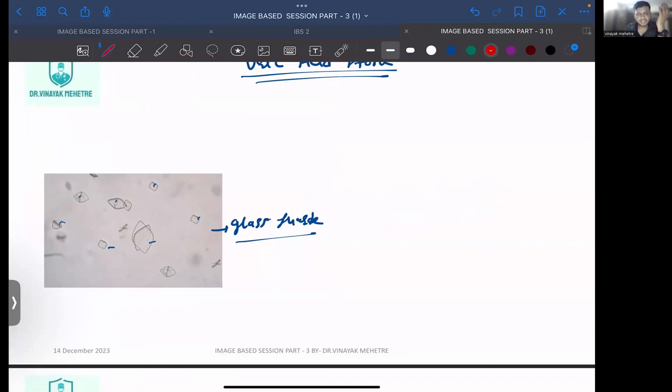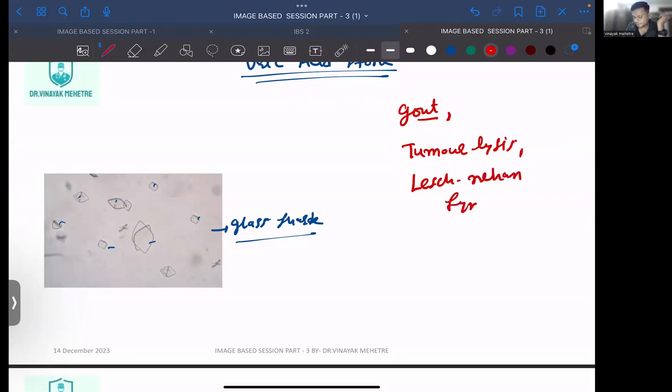Uric acid stone will be seen in diseases which increase uric acid. कौन से होंगे? फेवरेट ये तो पता है सब, राइट? There is one more, tumor lysis syndrome. Yes, correct. और कौन सा होता है? Lesch-Nyhan syndrome, right? Hyperuricemia जिस भी डिसीज में मिलेगा, they are all going to cause uric acid stone, right?